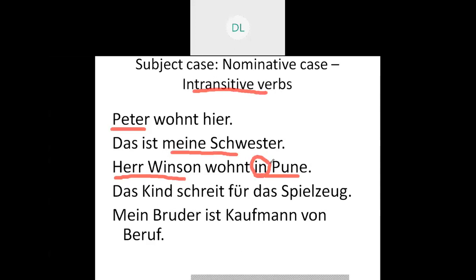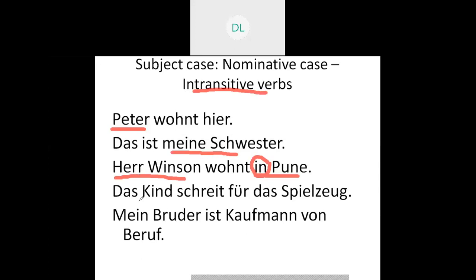So here in the third sentence, Herr Vincent wohnt in Pune, there is only and only one identity, that is Mr. Vincent, that is your subject. There is no object in the sentence. On the same lines, the fourth one: das Kind schreit für das Spielzeug. That is, the child screams or cries for the toy.